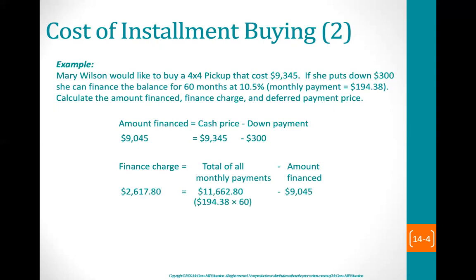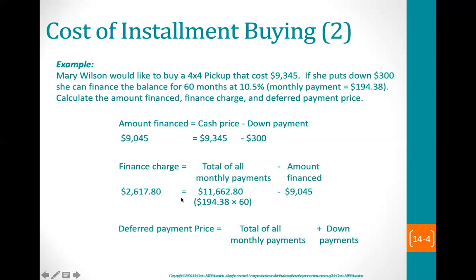Well, we're told that she's paying $194.38 a month for 60 months. So the total amount of all of her monthly payments is $11,662.80. That amount minus the $9,045 that she financed, she's paying $2,617.80 in interest over the life of the loan.